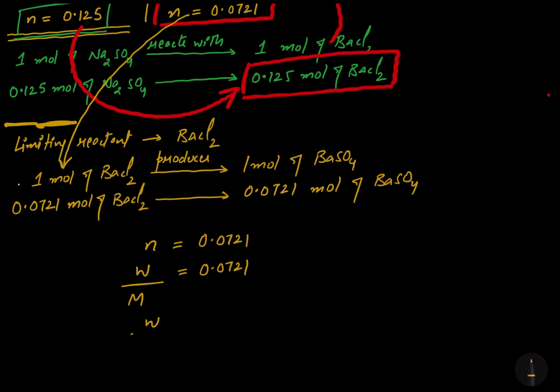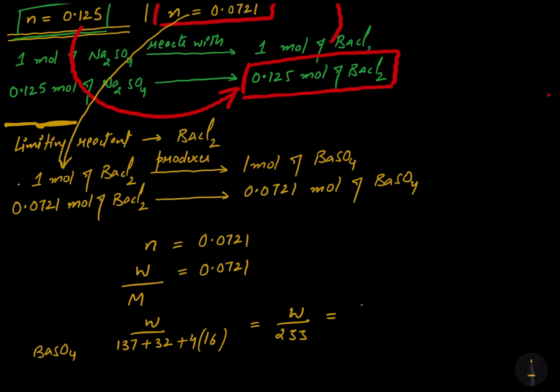The molecular weight of barium sulfate: the atomic mass of barium is 137, that of sulfur is 32, that of oxygen is 16 into 4, and the sum comes out to be 233.